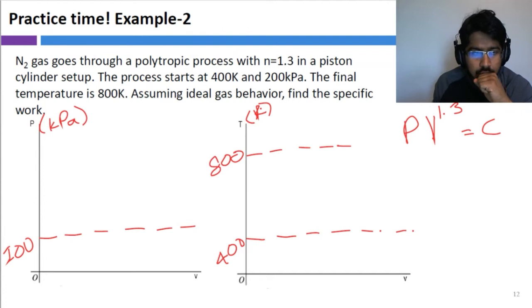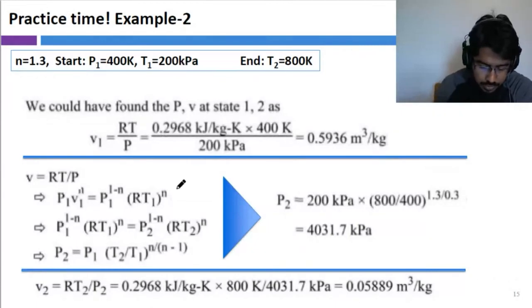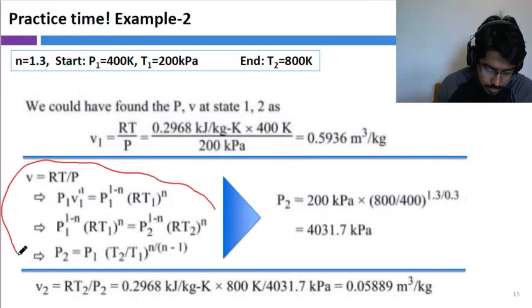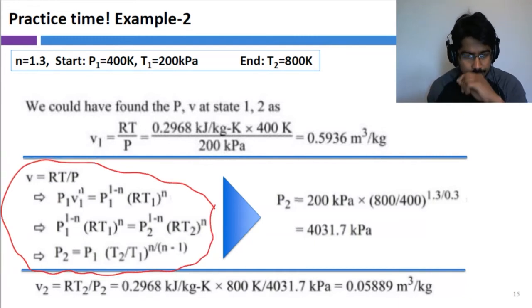Okay, so to find the specific work, we can use the polytropic process equations. Why are we using two graphs? Just to show how to draw a polytropic process in a TV diagram, right? In an exam situation, you don't need to draw both graphs. So let's go to the explanation here. You can find the pressure in this process, right? As the time is limited, I'm going to do this.